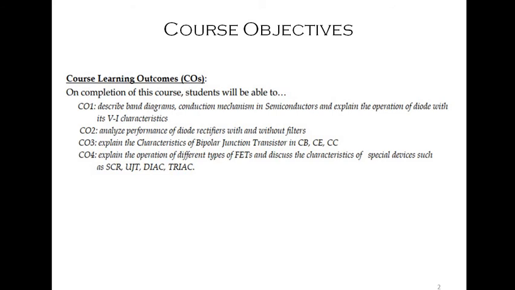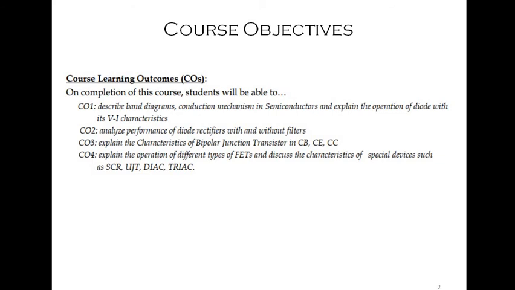In the third unit, as we deal with BJTs, the CO3 is nothing but an explanation of characteristics of BJT in common base, common emitter, and common collector configurations. In addition to this, we are going to talk about biasing also, BJT biasing in the third unit.